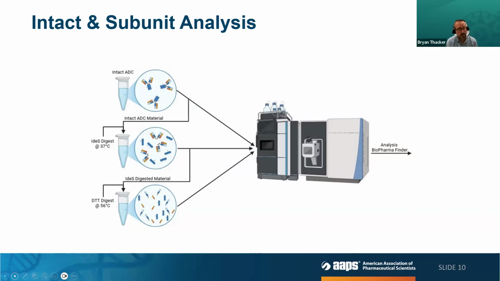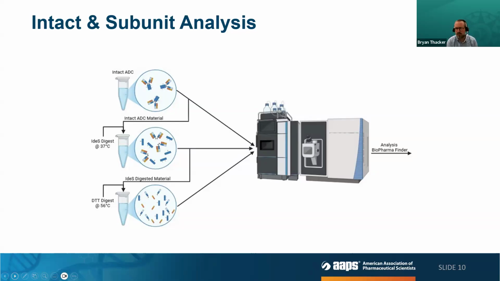And then that can subsequently be reduced using DTT, which gives further breakdown into the component subunits. Any of these different preparations can be applied to the LCMS to generate separation by chromatography and then MS mass spectra.